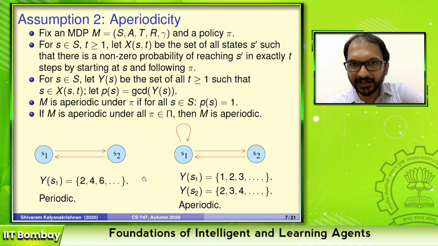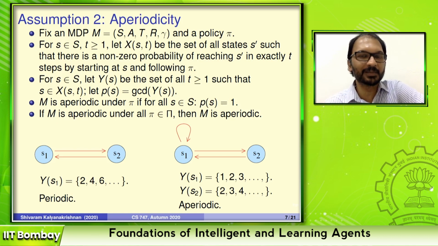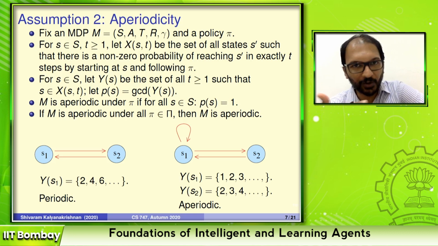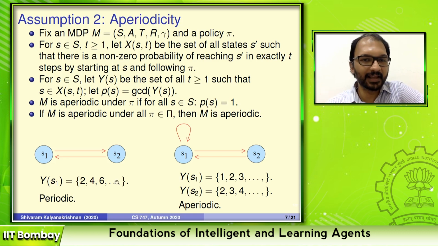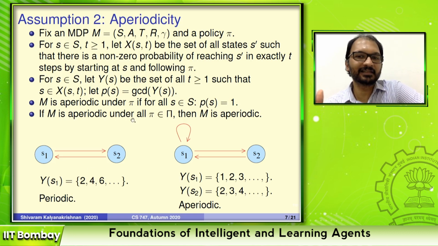Actually Y of s2 in this case will be the same thing, 2, 4, 6, because you can come back from s2 to s2 in 2 steps, 4 steps, etc. But even if there's just one state for which p of s is not 1, then M is not aperiodic under that particular policy. Otherwise, we look at all policies. If M is aperiodic under all policies, then M is aperiodic, full stop.